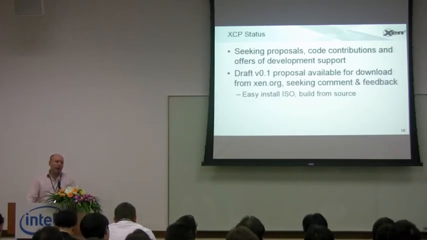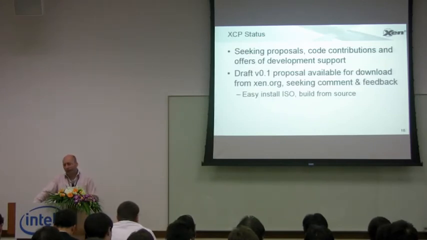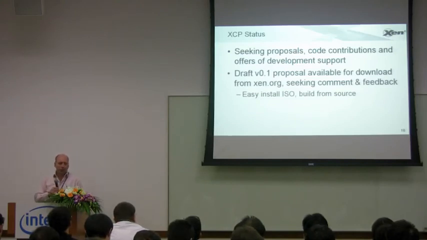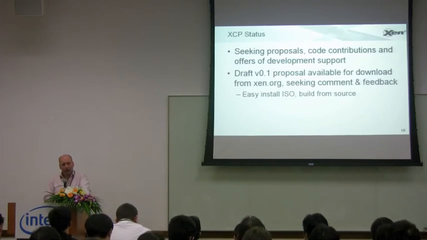Also now we do have a draft implementation. This is just pulling together all of the various bits of software that those companies, particularly Citrix, have open sourced and made available for use on the Xen Cloud Platform. So if you go to the Xen.org website, there is a 0.1 proposal which can actually be downloaded and played with, and it's a complete install ISO.